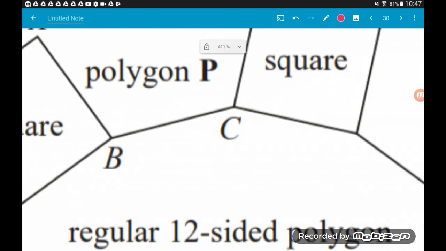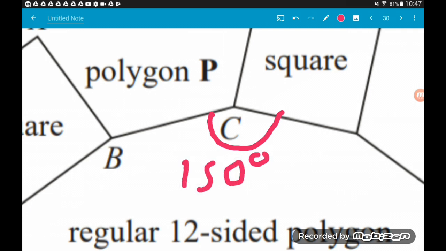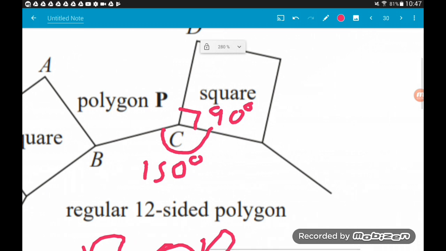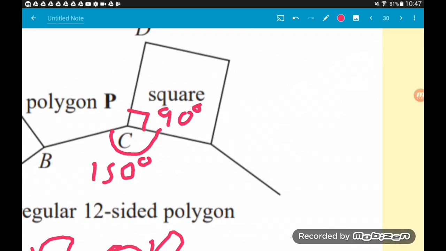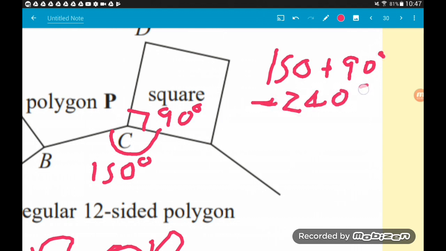Well, we now know this angle here is 150 degrees. Now we've got a square here, so we know that is a right angle, which is 90 degrees. So we've now got 3 angles around a point. We know 2 of them. So if we add those together, 150 add 90, that's going to give us 240.